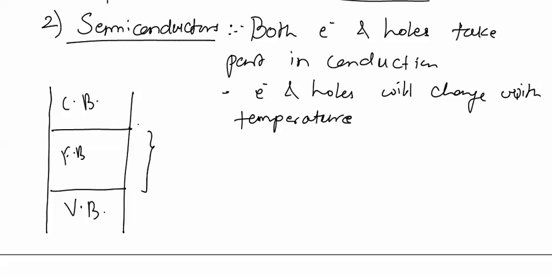The lowest energy of conduction band is called energy level EC, and the highest energy of valence band is called EV. These EV and EC are separated by the forbidden energy band whose width is represented by Eg. For semiconductors, Eg is not equal to 0 volt and it is around 1 electron volt at room temperature.